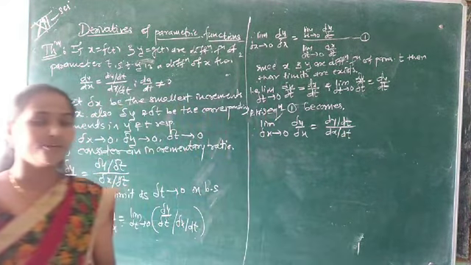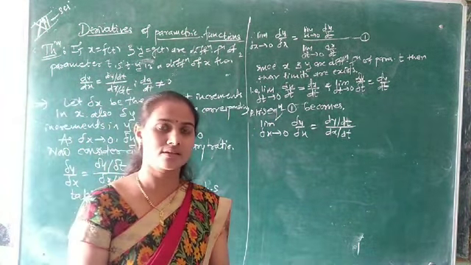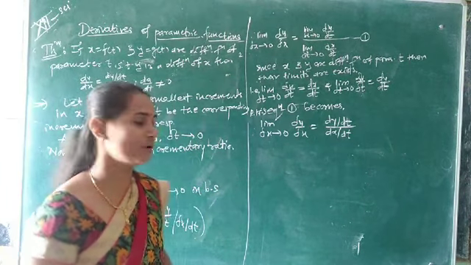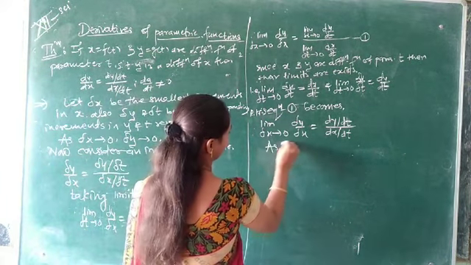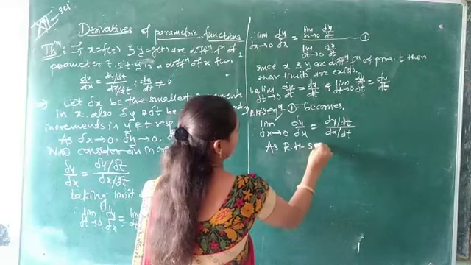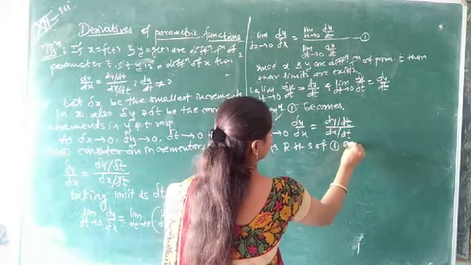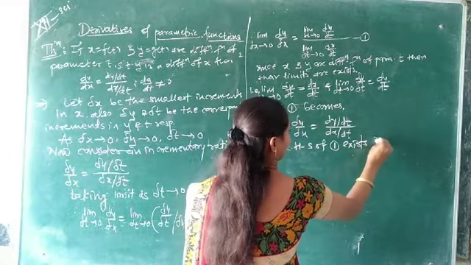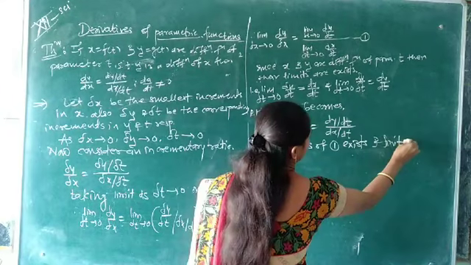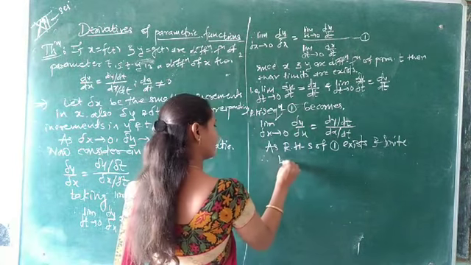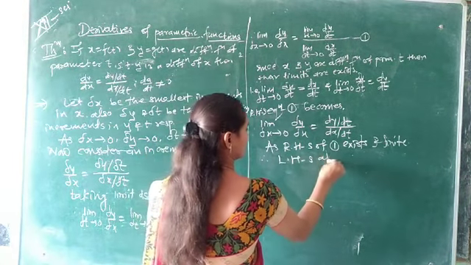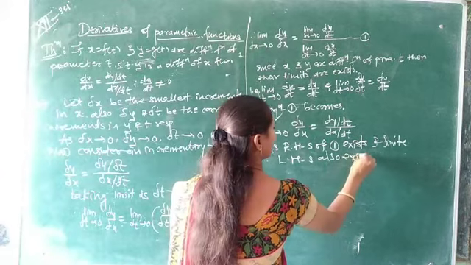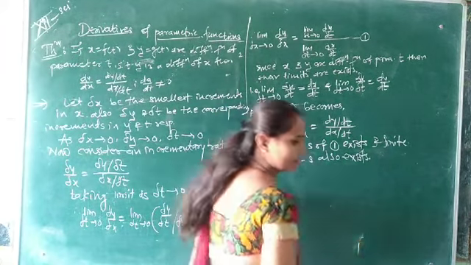Now if the RHS of equation 1 exists and it is finite, then the LHS of equation 1 also exists.